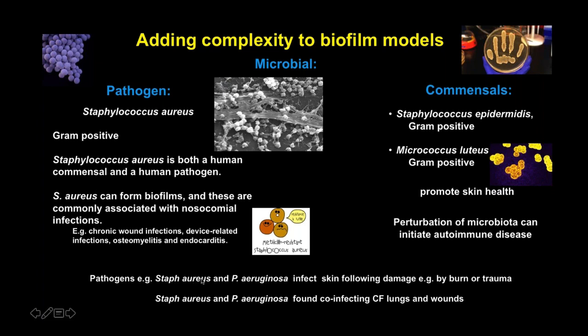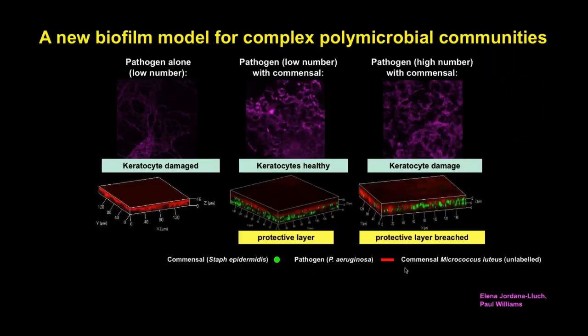And one of the reasons we were interested in Staphylococcus aureus is because it and Pseudomonas aeruginosa co-infect a number of different sites, including wounds and cystic fibrosis lungs. And there seems to be some sort of interrelationship between the ratio that's there and the prognosis for the patient.